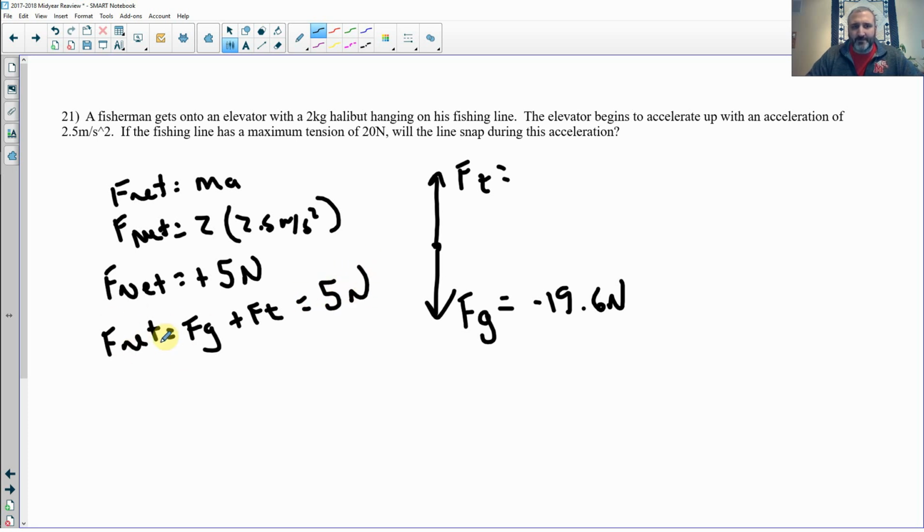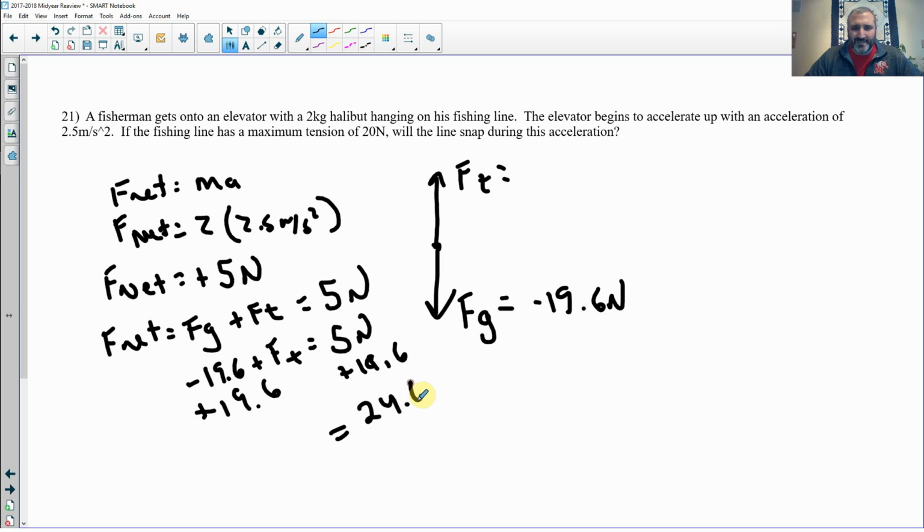Okay, so the F net is coming from the gravity plus the tension. Well, I already know the gravity, and that is negative 19.6. So the tension has to be added to that negative 19.6 to come up with 5 newtons. Add 19.6 to both sides. That means we are going to have a tension that needs to be 24.6 newtons.